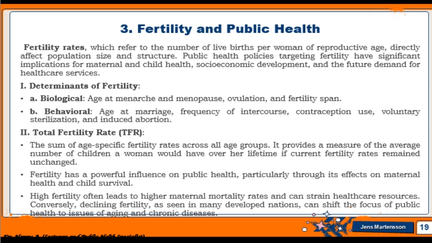So, the TFR is used to assess the need for family planning services. So we look at her and we examine her and we're able to tell the level of fertility, total fertility rate for that woman. So in her lifetime, the number of children she's likely to get.